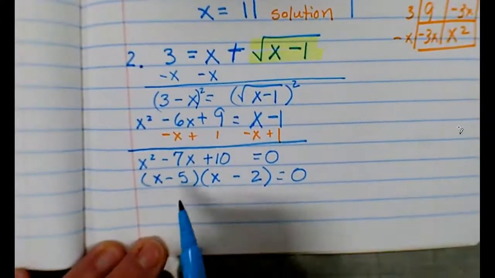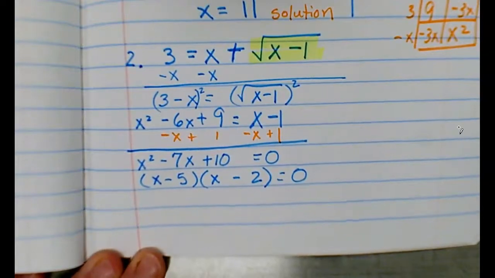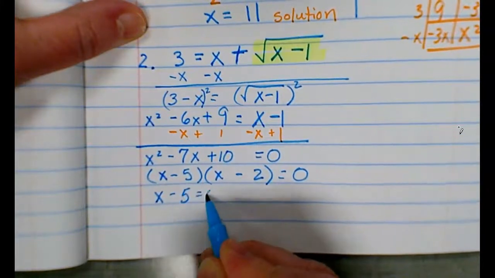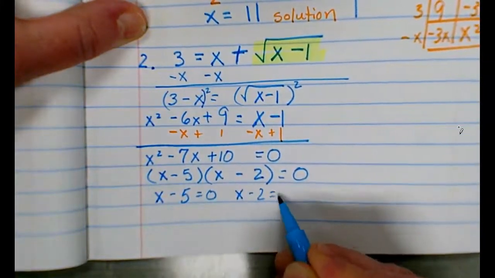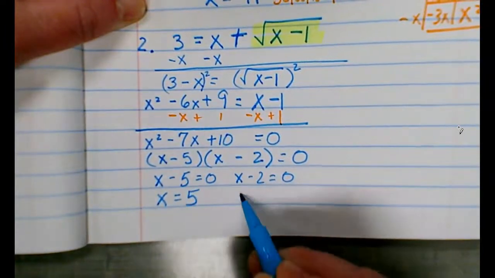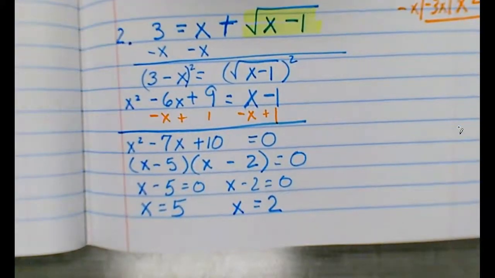Would negative 5 times negative 2 multiply for a positive 10? Those are not the answers yet. X minus 5 equals 0. X minus 2 equals 0. X equals 5. Add 5 to both sides. X equals 2.